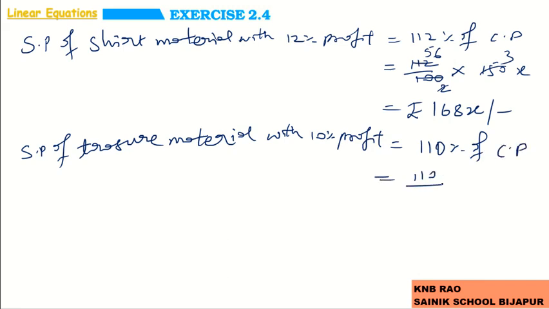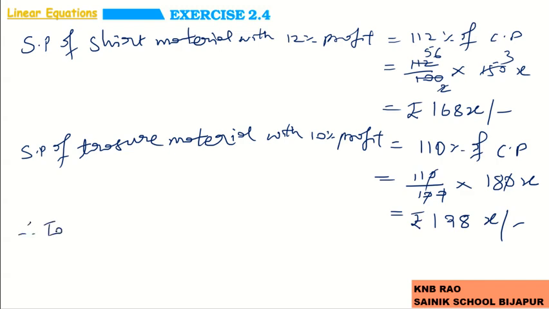So 110 by 100, where CP of the trouser material is 180x. So this 0 cancels. So 18 elevens are 198x rupees, the selling price.